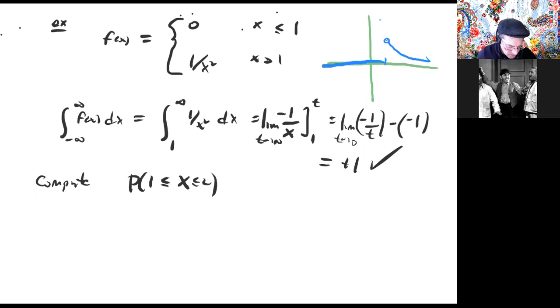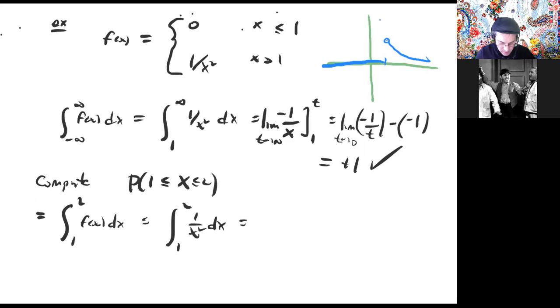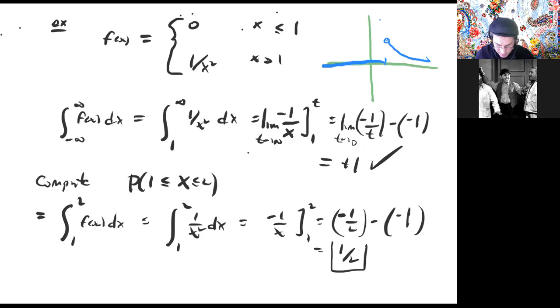Well, this is the integral from 1 to 2 of f of x dx, which is the same thing as the integral from 1 to 2 of 1 over x squared dx, which is going to be given by minus 1 over x from 1 to 2, which is given by minus a half minus minus 1. So it looks like you get a half here. So a half is the answer.